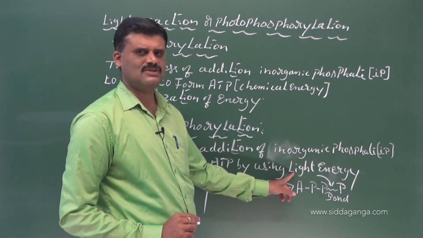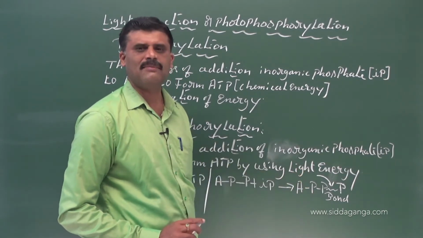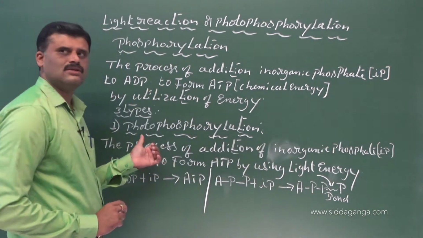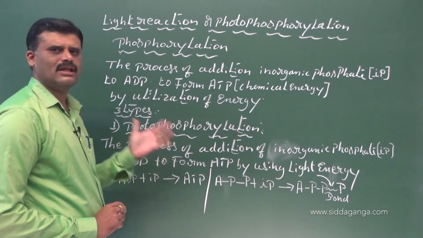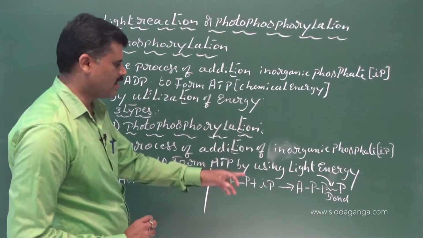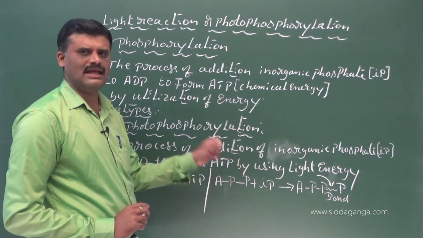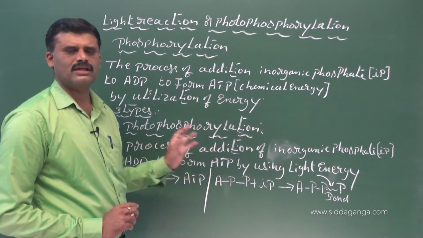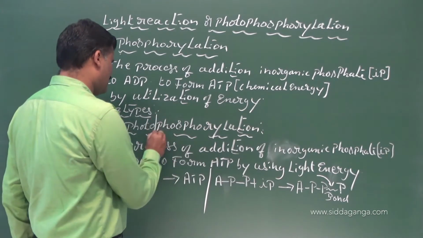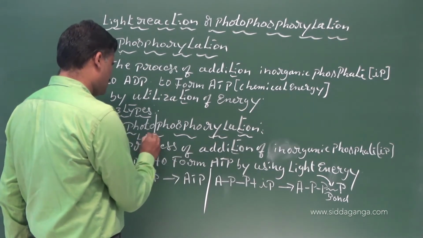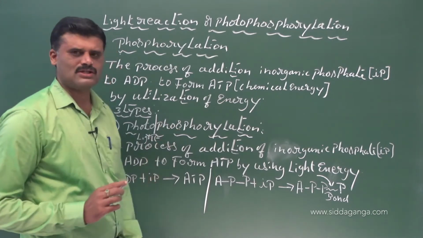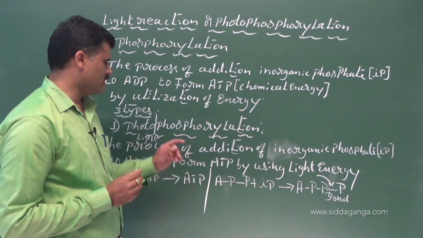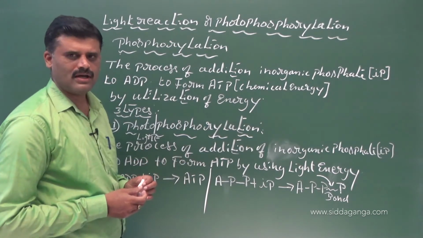Here light energy is used for formation of the chemical bond, so it is called photophosphorylation. Photo means light. Light energy is used for phosphorylation, and phosphorylation means addition of inorganic phosphate to ADP, so it is called photophosphorylation.